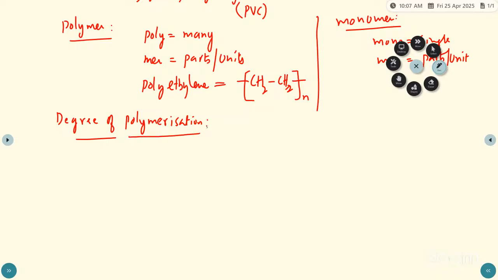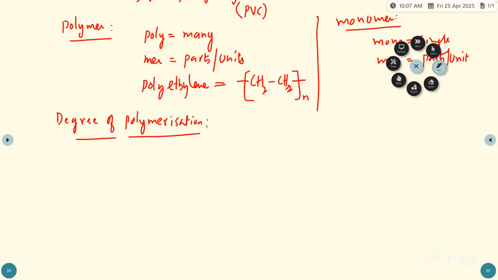So these are the basic terms. So everyone listen first. What is polymerization? It is a reaction in which a big molecule is formed by the linking of a large number of smaller molecules or monomers. So that is polymerization.